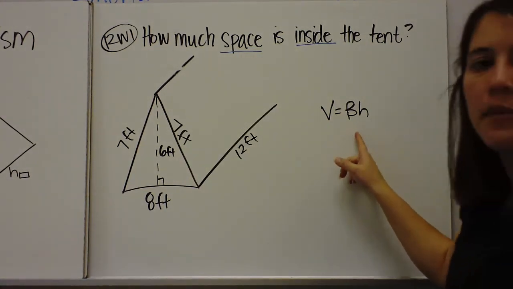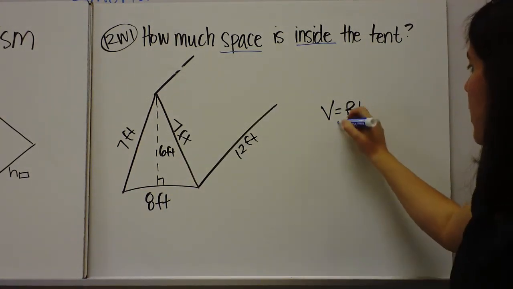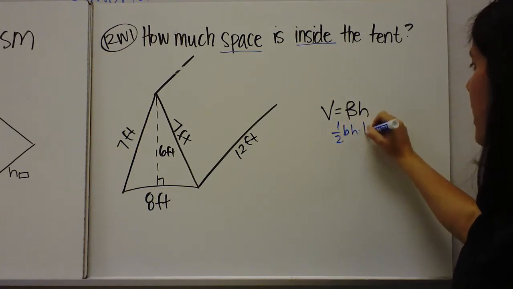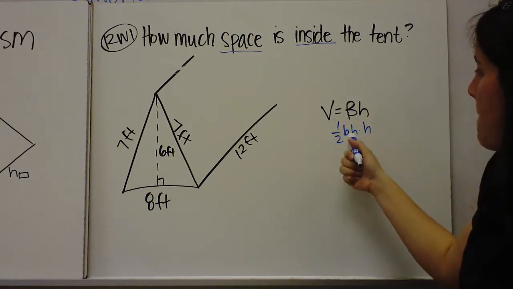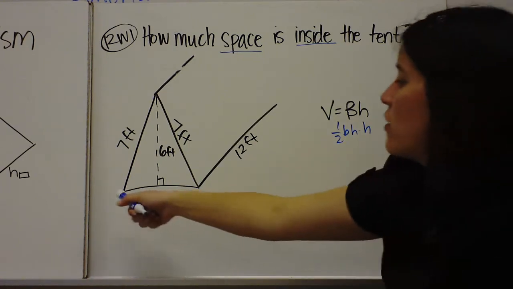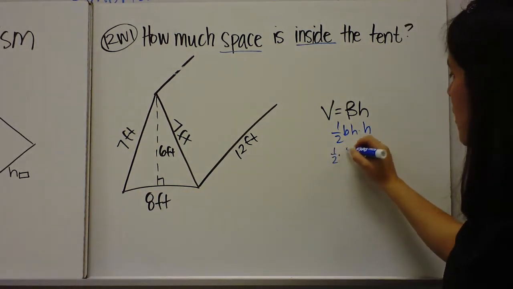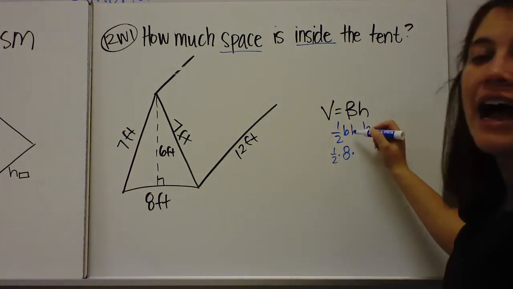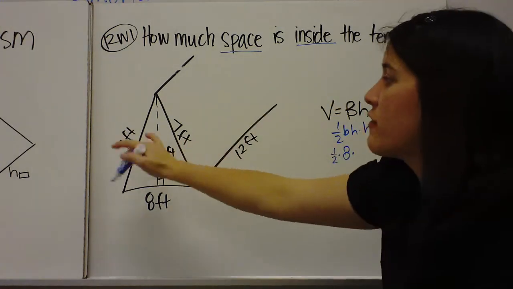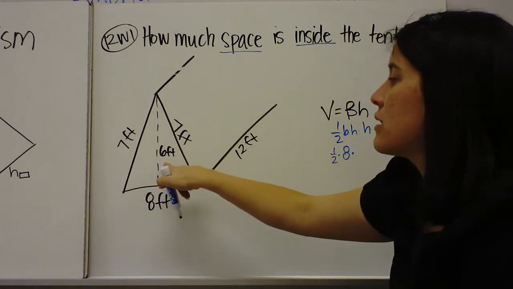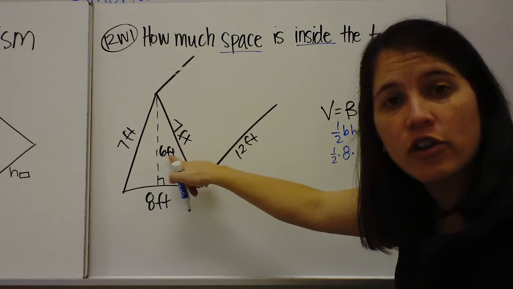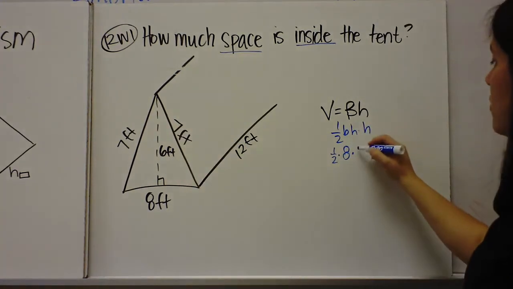So we start with capital BH, and then we bring down 1/2 BH times H. The base of the triangle is 8. The height of the triangle, so you have to decide, are we going to use 7 or are we going to use 6? Hopefully you know that you're going to use 6 because that makes the right angle.